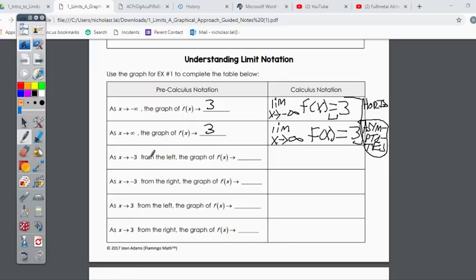As x approaches negative 3 from the left, the graph of f of x approaches infinity. And as x approaches negative 3 from the right, the graph of f of x approaches negative infinity. So this is going to be the limit as x approaches negative 3 from the left of f of x is equal to infinity.